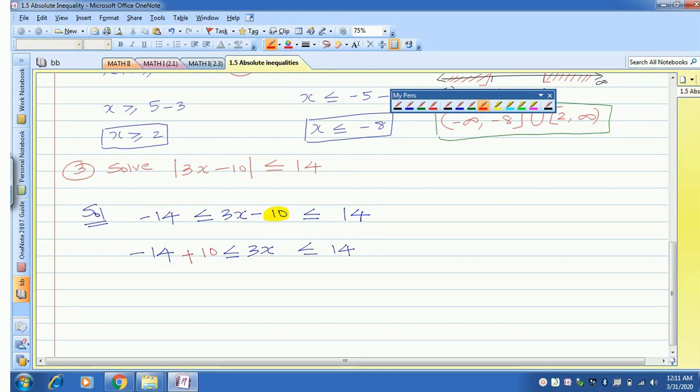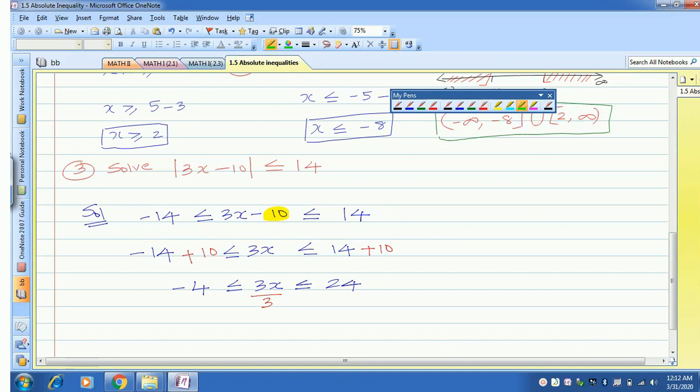Here you have plus 10. Now upon simplification you will have minus 4 less than or equal to 3x less than or equal to 24. Since 3 is there, I have to divide by 3. Why are we dividing by 3?